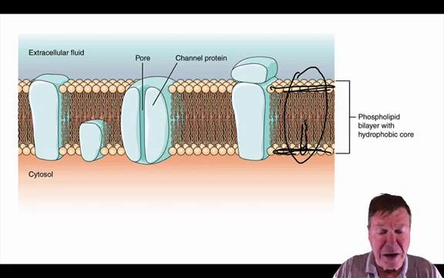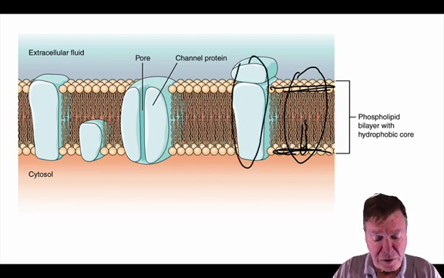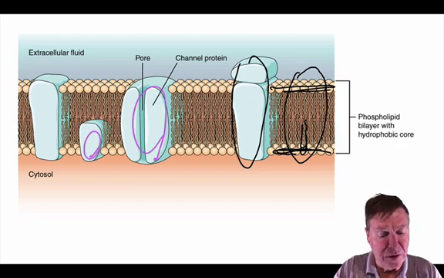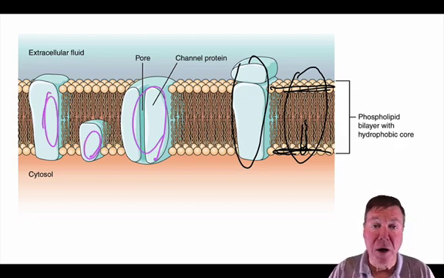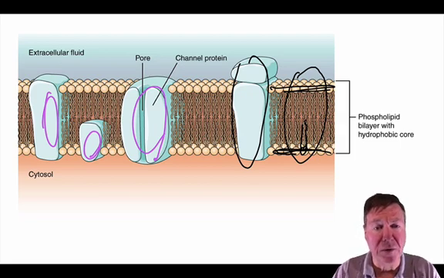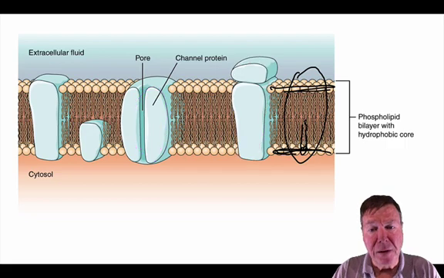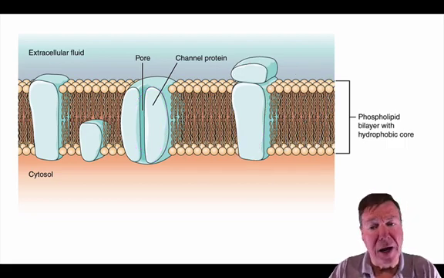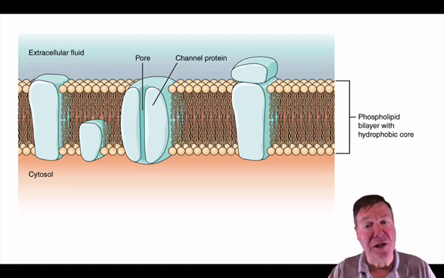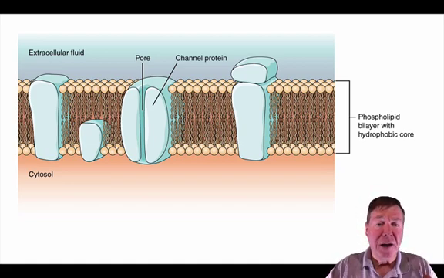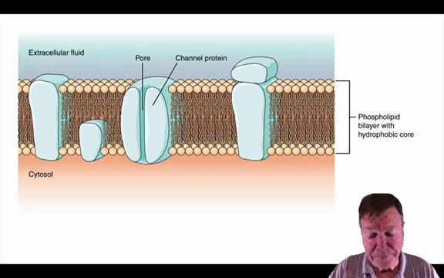The big blobs that you see are the proteins, and they can vary. We're going to talk about the functions of some of the proteins in a phospholipid layer. But what I'm trying to point out is that the membrane comes in a bilipid layer, and it consists of phospholipids and proteins.